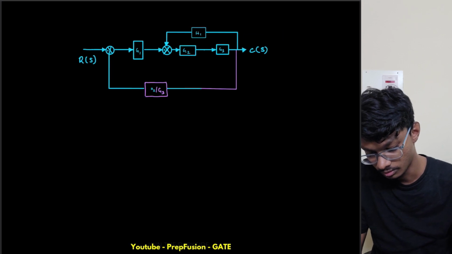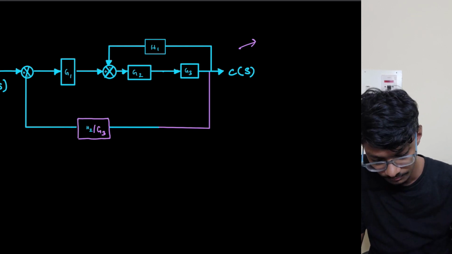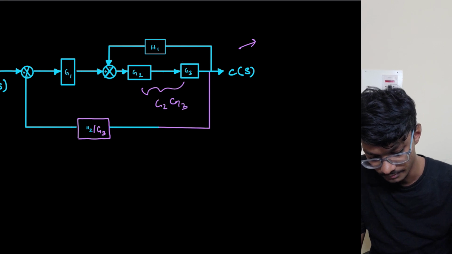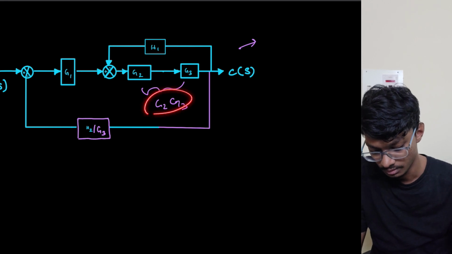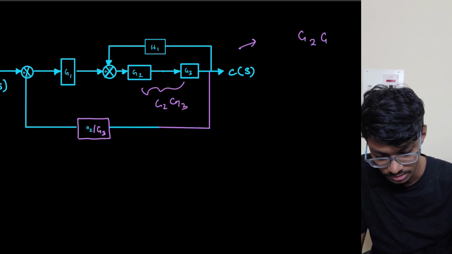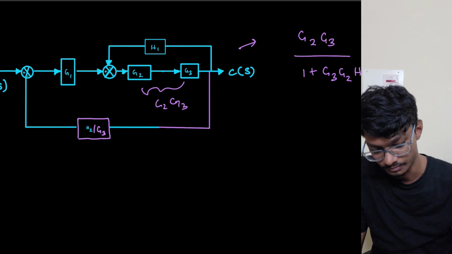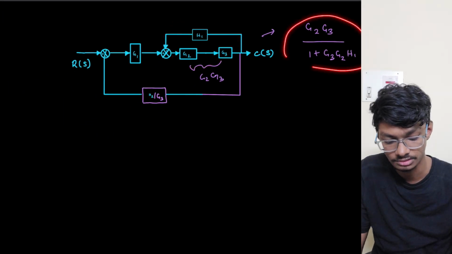This part is g2 times g3, and this is h1. This is the feedback gain, and this is the forward gain. So g2 times g3 divided by 1 plus g2 times g3 times h1. This whole combination will be replaced by this one block.